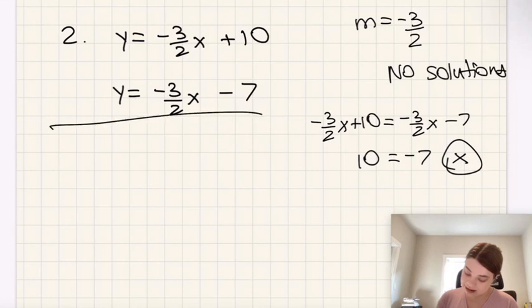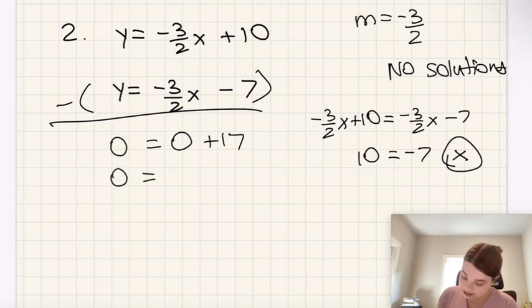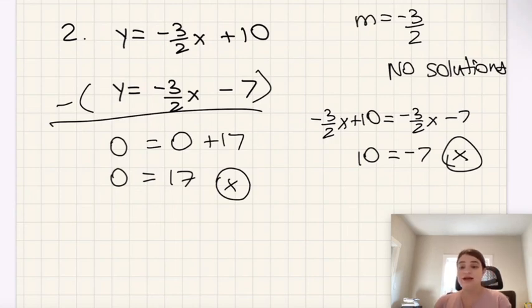We could subtract these and end up eliminating y and eliminating x, and then getting 17. We get 0 equals 17, which is equally nonsensical in comparison to 10 equals negative 7. In fact, if we just add 7 to both sides of 10 equals negative 7, we do get 0 equals 17, which is also a bunch of nonsense.